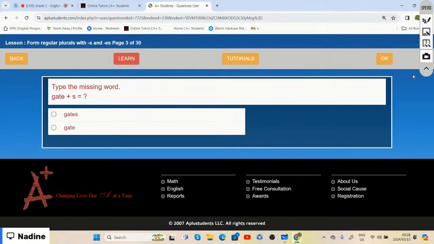If we add an s to the word gate, it's like saying we have one gate.